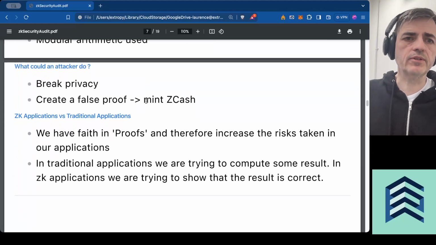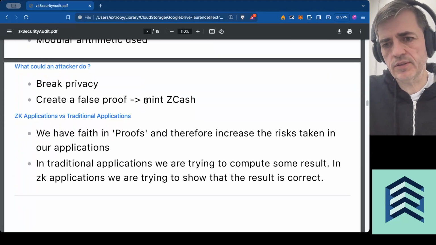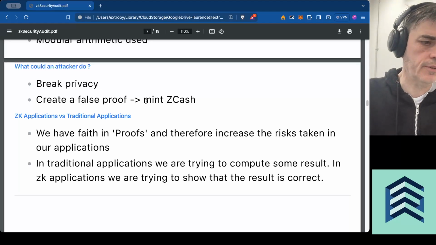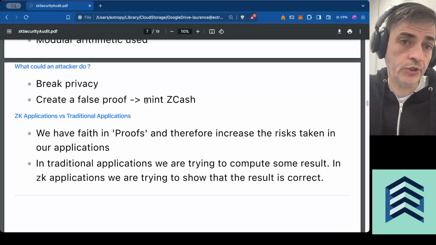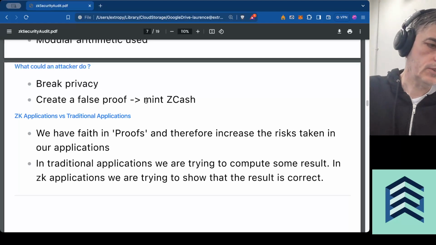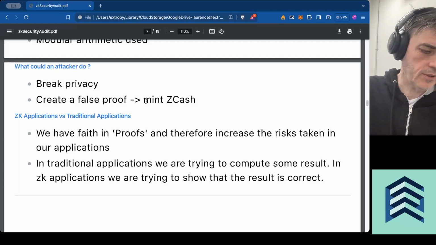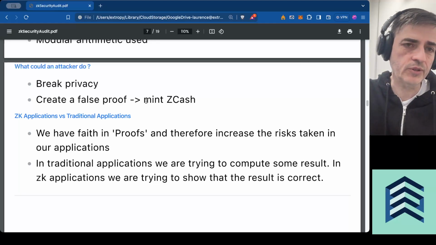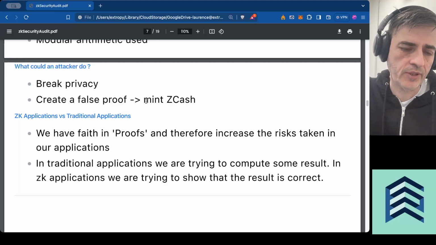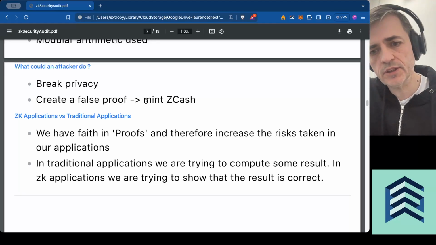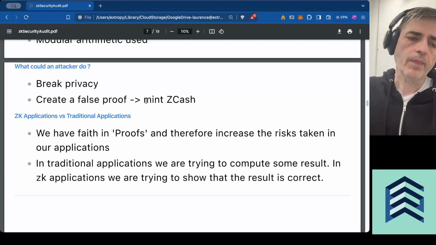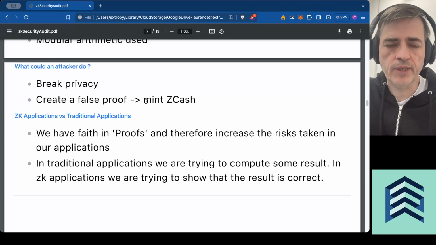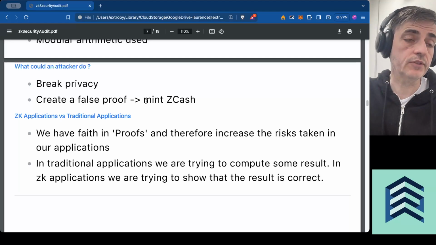If we think about these systems in terms of what an attacker could achieve, in addition to the usual types of attacks and motivations they would have with Web3 applications, if you look at the ZK aspects in particular, one thing that they may be able to do would be to break privacy.